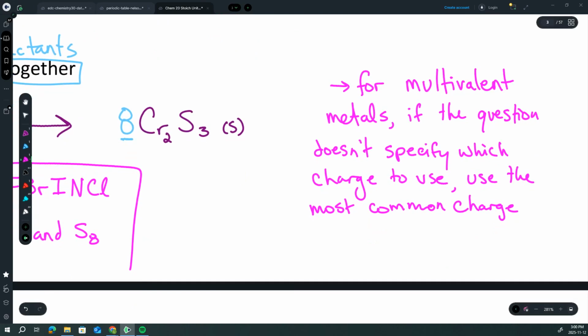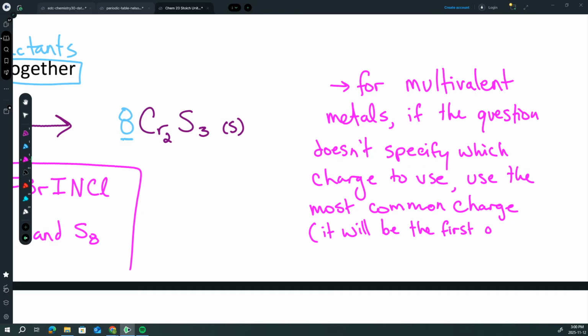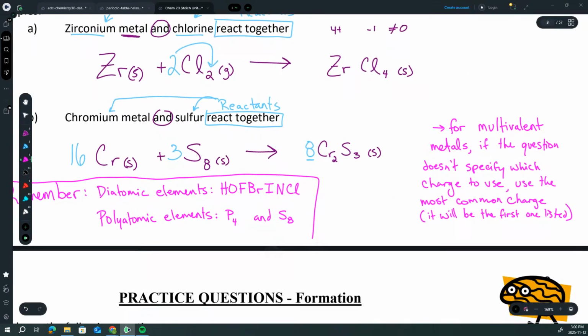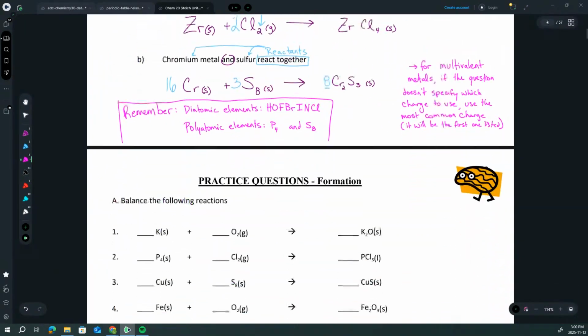So the most common charge is usually the first one listed. Okay, so it will be the first one listed.